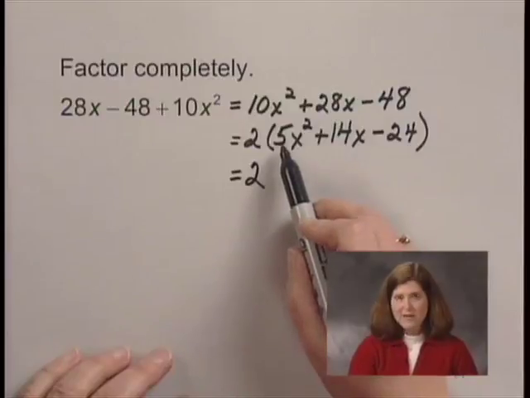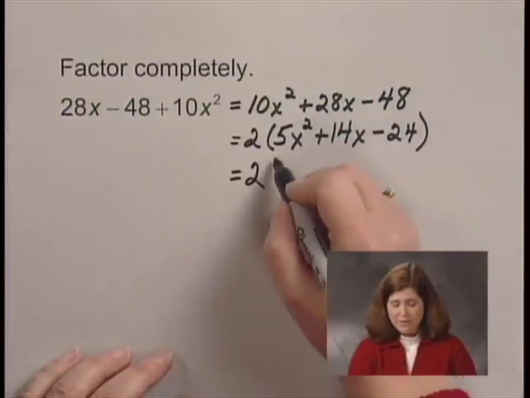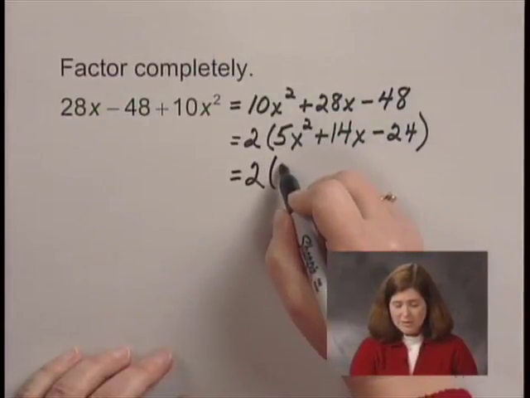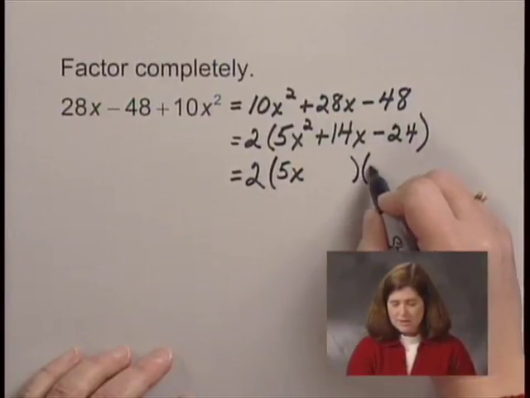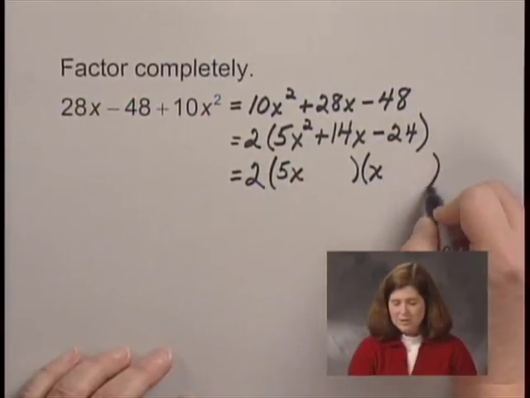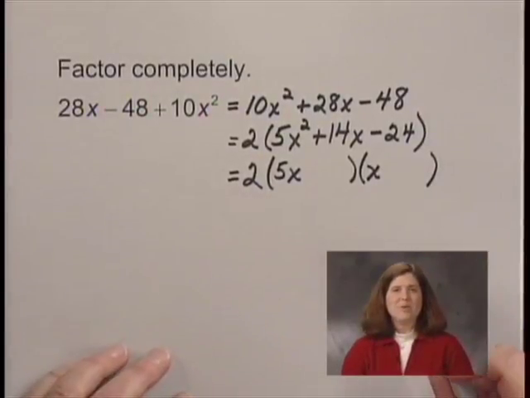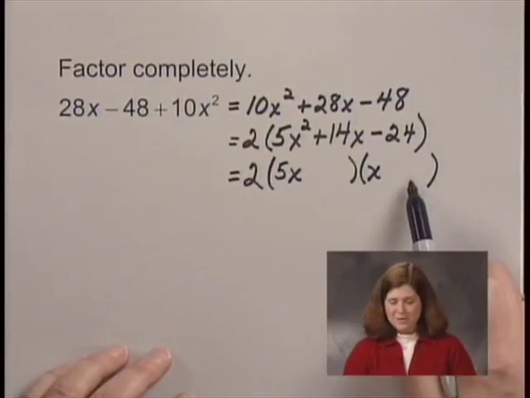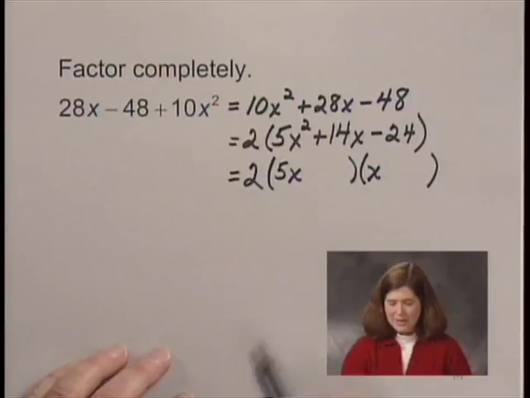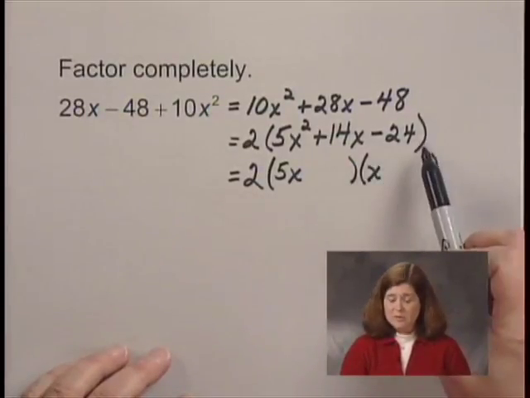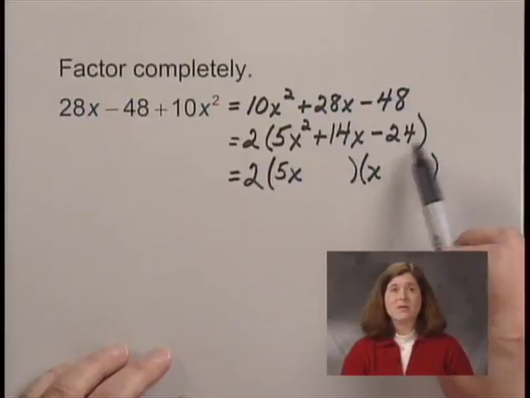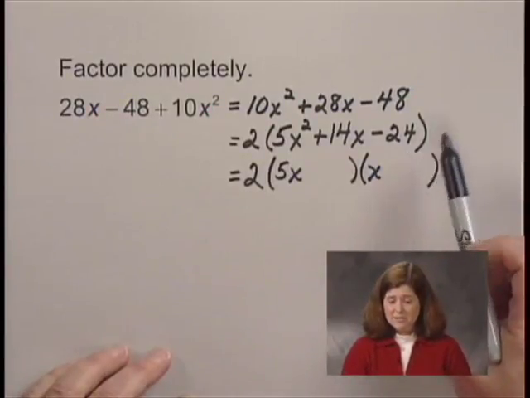Since 5 can only be factored as 1 times 5, I know that it's going to look something like 5x plus or minus something times x plus or minus something. The tricky part will be to find out what to fill in here and the rest of the binomial factors. 24 factors into a lot of different products: 1 times 24, 2 times 12, 3 times 8, 6 times 4.